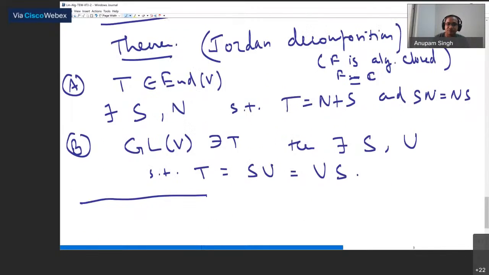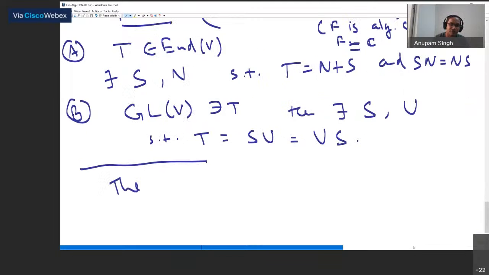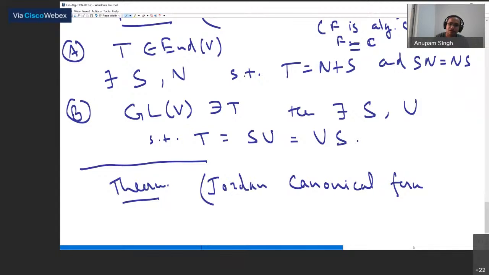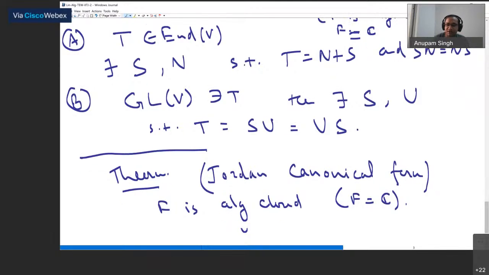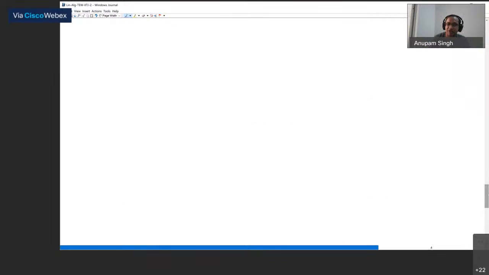And then we wrote down this theorem, where we actually found the nice representative, which is called the Jordan canonical form. In this theorem, again, we assume that F is algebraically closed. For example, F could be the complex numbers. Let me write this theorem once again, somewhat clearly and cleanly. This was the last thing I was writing yesterday.